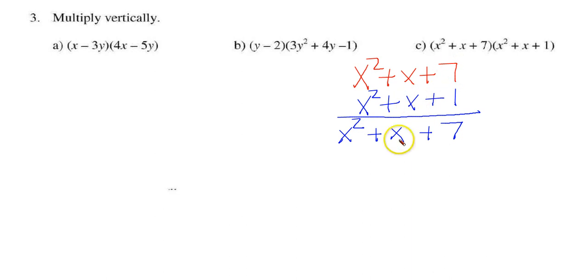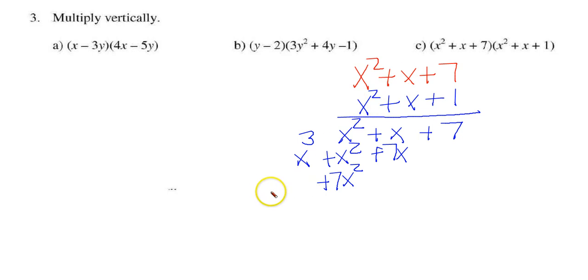Now x times this is plus 7x. This is going to be plus x squared, and this is going to be x to the third. Now this times 7 is plus 7x squared.